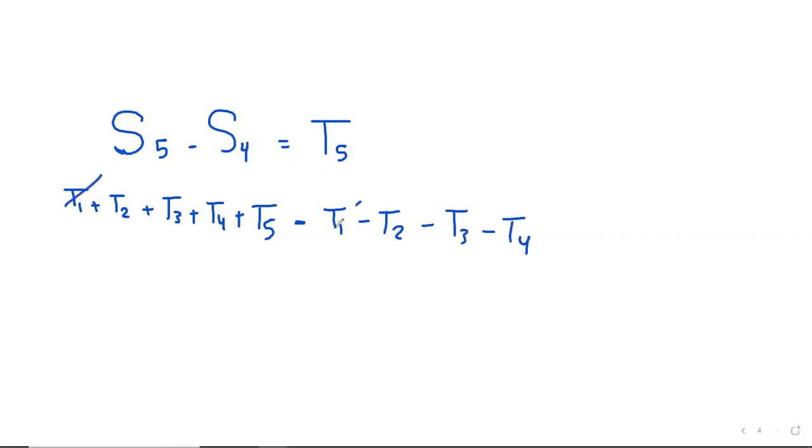So T1 and minus T1 cancel, T2 and minus T2, T3 and minus T3, T4 and minus T4. We end up with T5. So S5 minus S4, the sum of the first 5 terms minus the sum of the first 4 terms, equals T5, the 5th term.